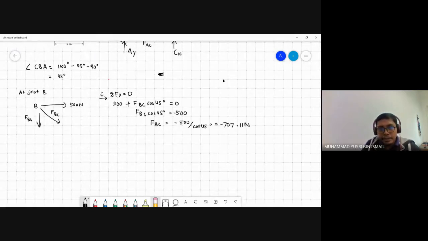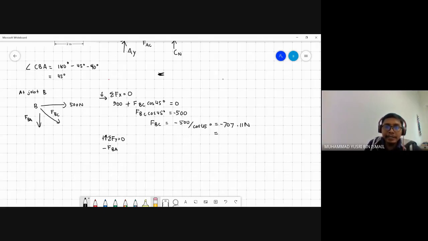So now you have FBC equal to negative 707.11. Now continue with the y direction. Before that, since our answer is negative, it is actually opposite to our assumption. Previously, I assumed it as tension.